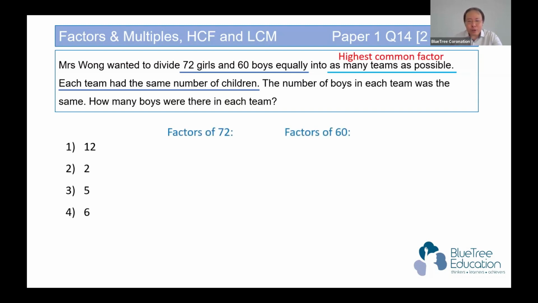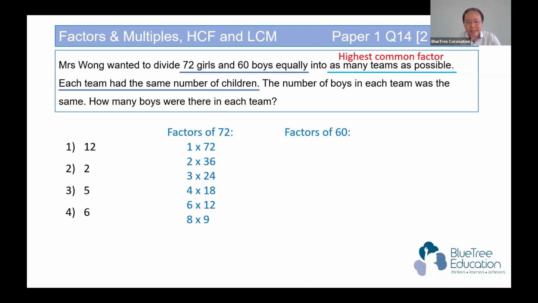So what you should do to tackle this question is list down factors of 72 and list down factors of 60. So what are some factors of 72 and 60, students? You may say 1 times 72, 2 times 36, 3 times 24, and so on. We actually encourage students to list them down in a systematic order. Try not to jump, 1 times 72, then 8 times 9, 4 times 18.